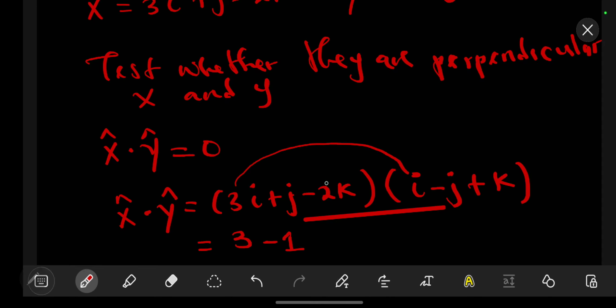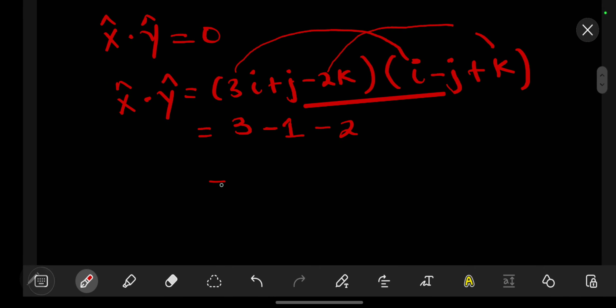Last but not the least, this negative 2 multiplies the k there. It will be negative 2 times k, it will be minus 2. Then 3 minus 1 minus 2 will give us negative 3. So 3 minus 3 will give us 0. So our x dot y gives us a 0.